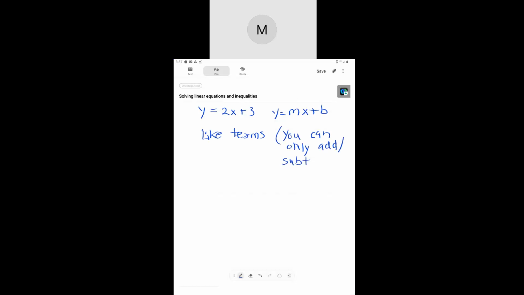Again, a very important concept. It's simple, but very important, and I've seen people make mistakes on this. So just remember this, you can only add or subtract them if they are like terms. So for example, 2x plus 3x, this is something I can add and make a 5x. But if I have 2x plus 3y, there's nothing I can do. I end here. That's it.